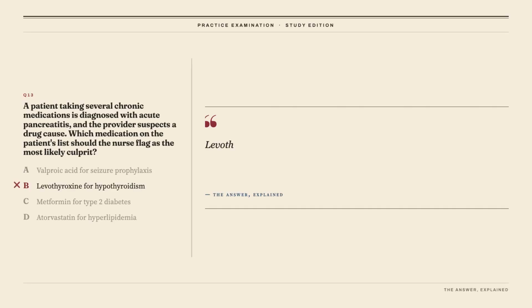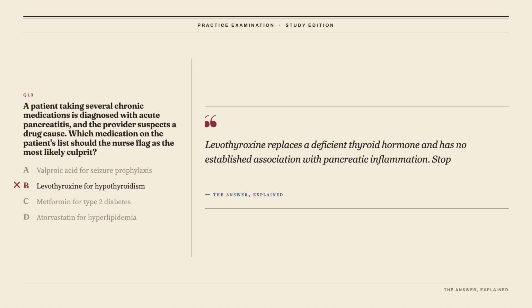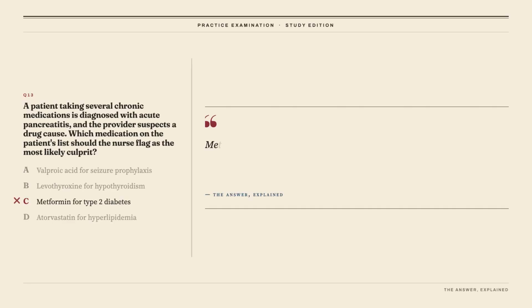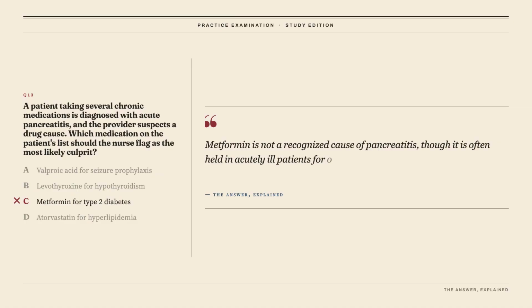B is wrong because levothyroxine replaces a deficient thyroid hormone and has no established association with pancreatic inflammation. Stopping it would create a new problem without addressing the pancreatitis. C is wrong because metformin is not a recognized cause of pancreatitis, though it is often held in acutely ill patients for other reasons such as lactic acidosis risk.